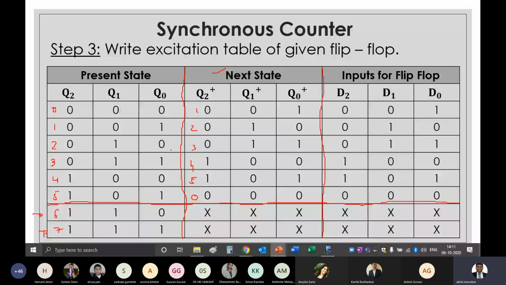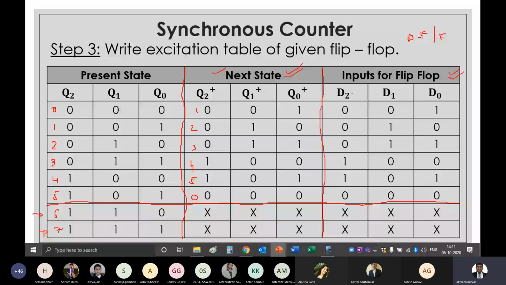When you are using a D flip-flop, the D input is equal to the next state output. So you can see that the next state outputs and the D flip-flop inputs are exactly the same. On which basis am I saying this?